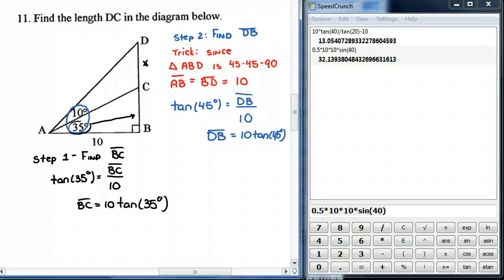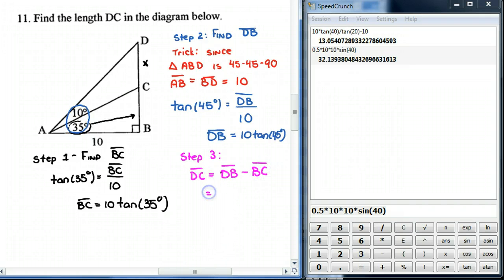So then step 3 is we're going to find DC. And DC is going to be DB minus BC.